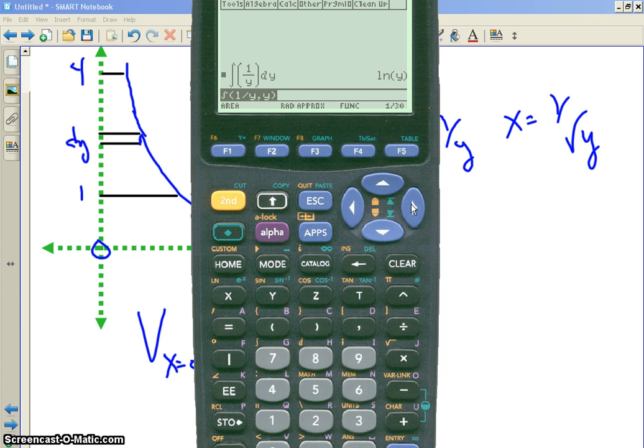But let's say we don't know that, okay? From 1 to 4. Yeah? And I'm in approximate, so it gave me a decimal. If I wasn't in approximate, it would give me something in terms of ln. What would it be? It would be ln4 minus ln1, which is 2ln2, or ln4 if you like.